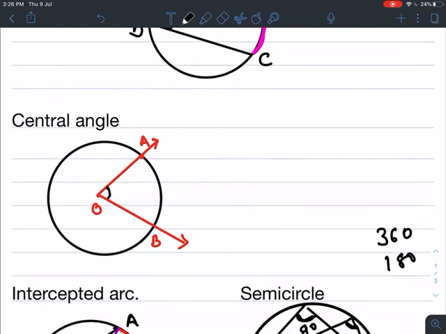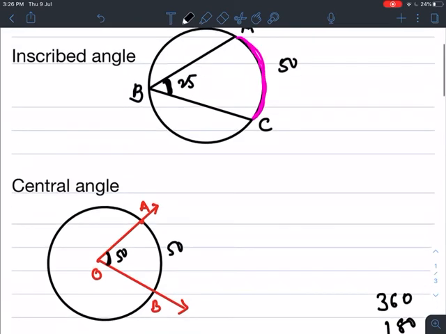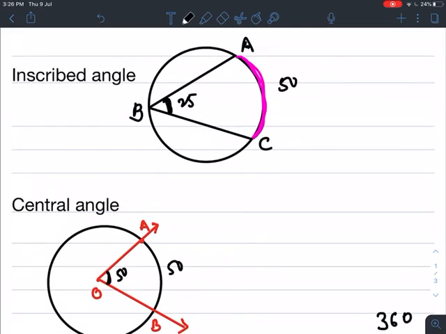Now one more property, central angle. If the measure of the central angle is 50, the measure of the corresponding intercepted arc is the same, it is 50. But in the case of an inscribed angle, the measure of the inscribed angle is half of the measure of the intercepted arc. Means if this angle is 25, this arc is 50.